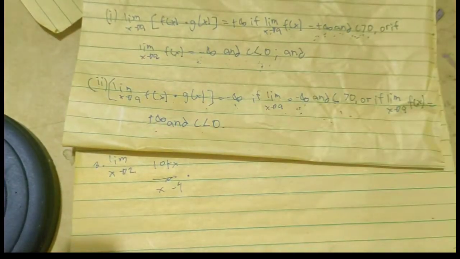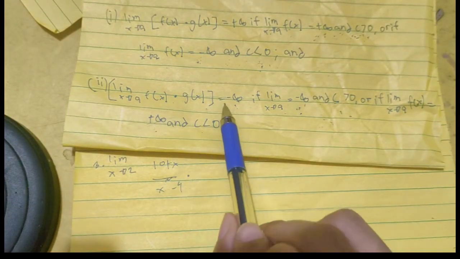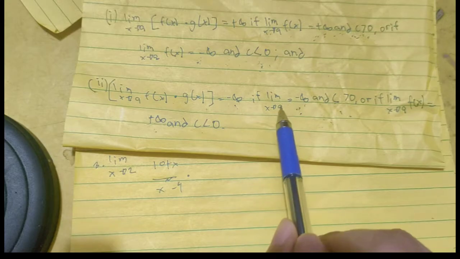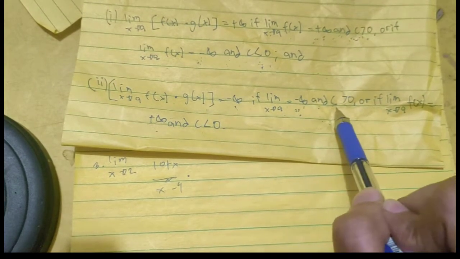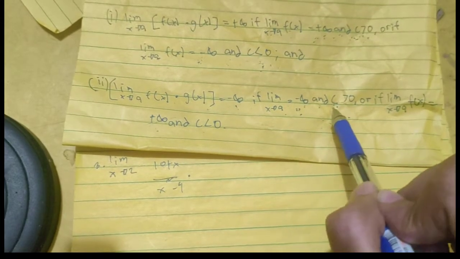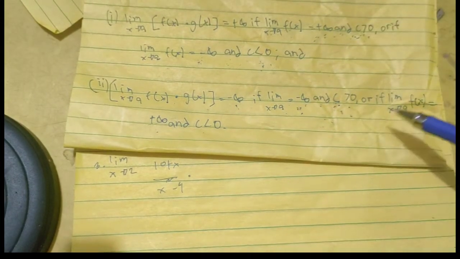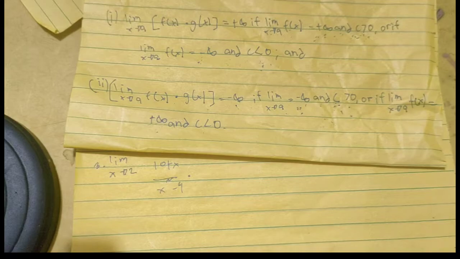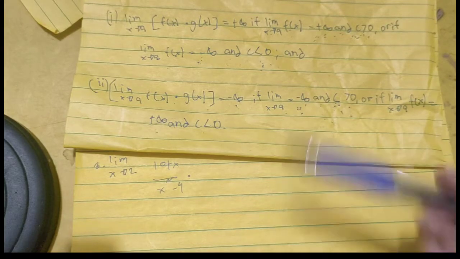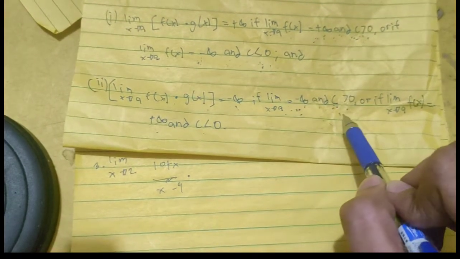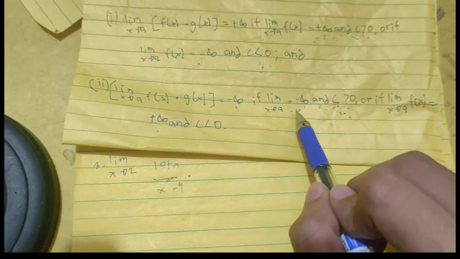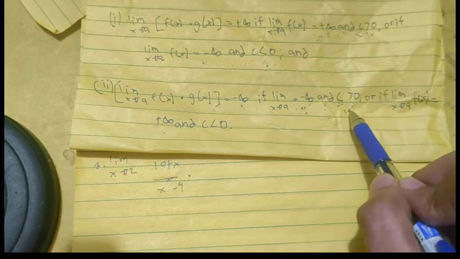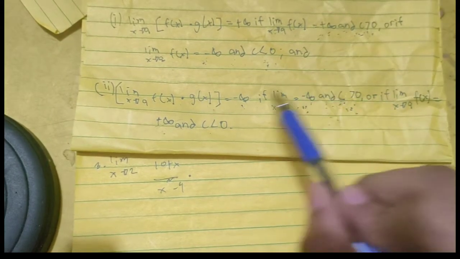In rule number 2, we should get negative infinity if the limit is negative infinity and the constant is less than 0, meaning the constant should be negative. So basically negative infinity times positive is equal to negative.